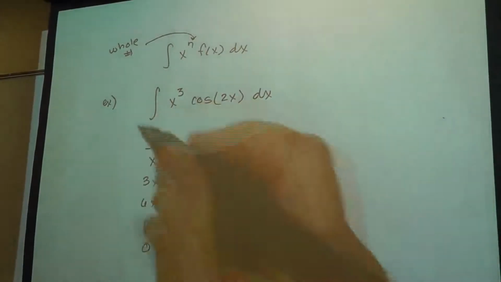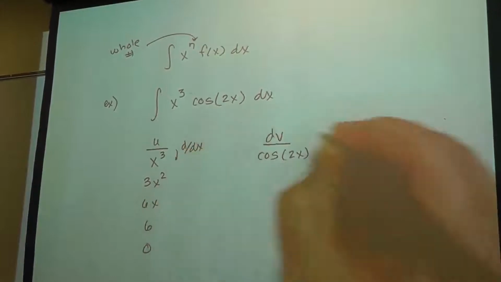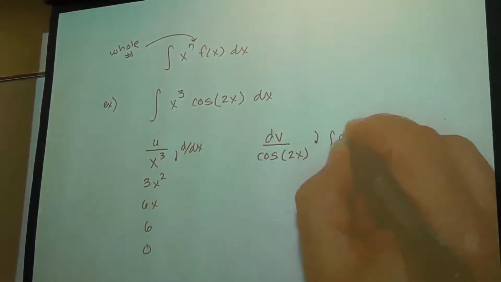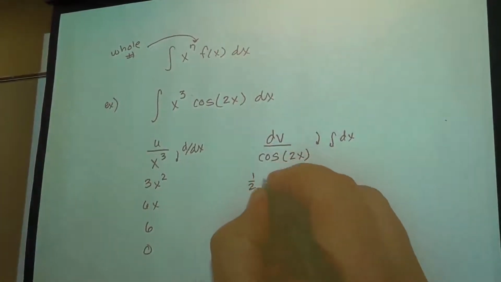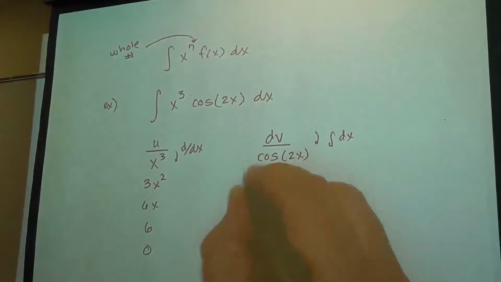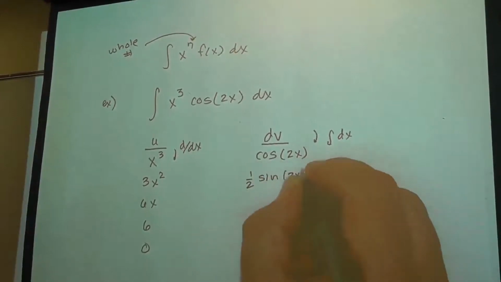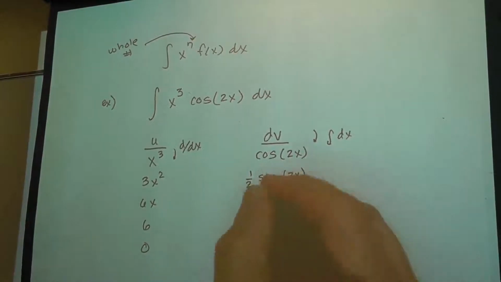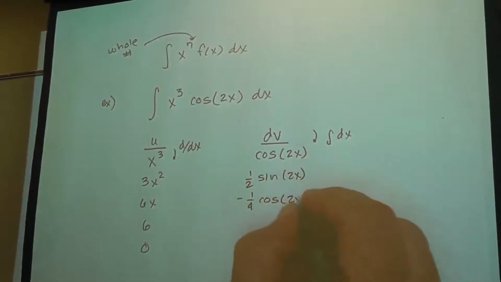So let me remind you, going from here to here, you're doing derivatives, but in this column, you're doing antiderivatives. So your first antiderivative for cosine 2x, positive 1/2, don't forget the 1/2 that comes out from the u sub, sine of 2x. And then do its antiderivative, negative 1/4 cosine 2x.